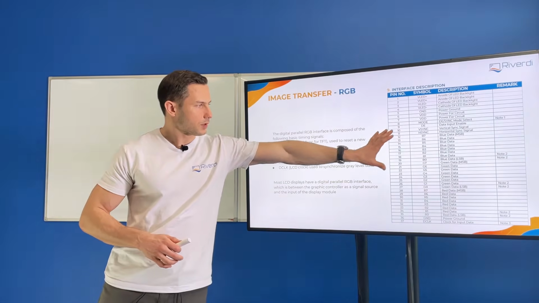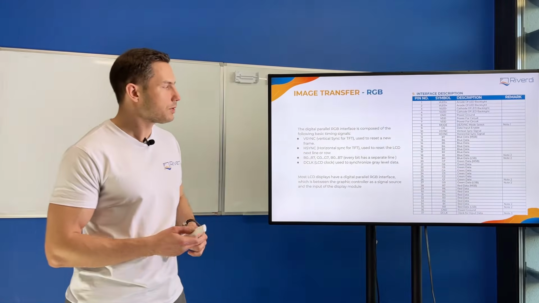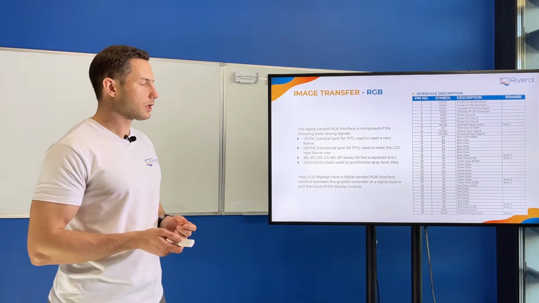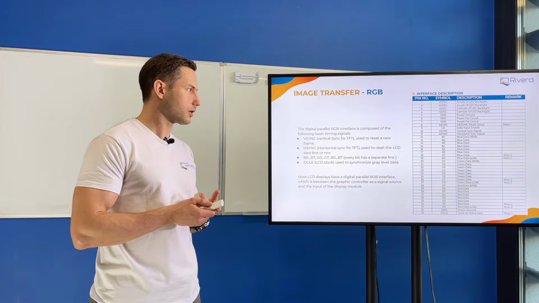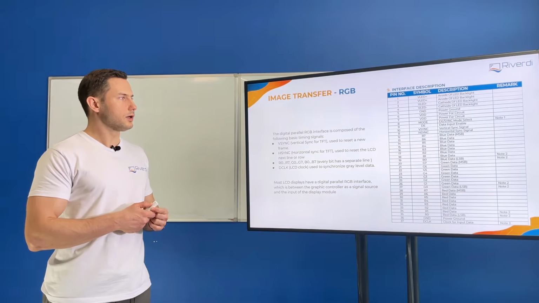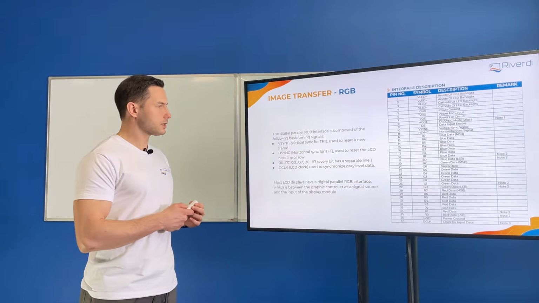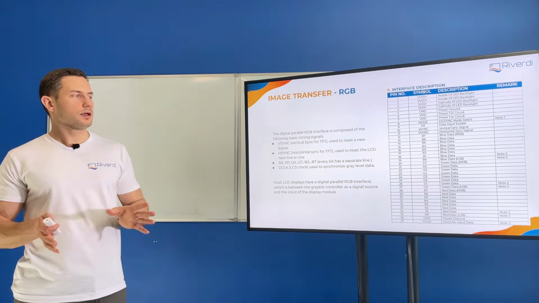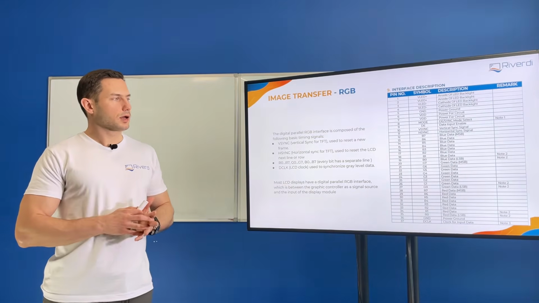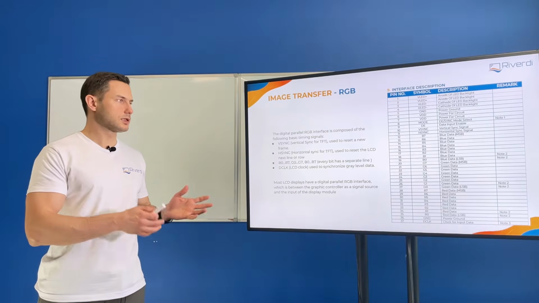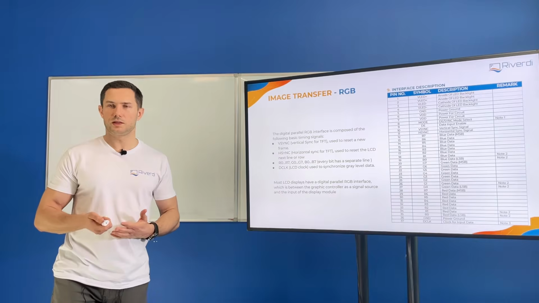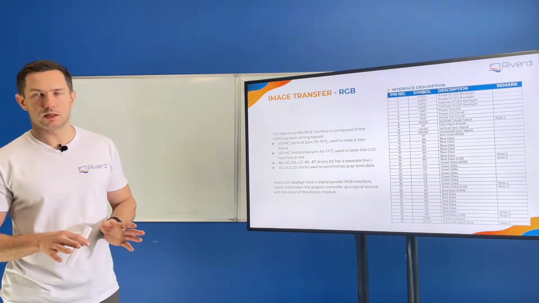So as you see, we send all the data all the time, but we send every bit in a separate line, without the pair of the bits like in the LVDS signal. In theory, this interface could be very fast because we are sending a lot of data, but actually because it's not differential, this speed is limited, and usually we find displays with RGB interface only up to maybe 7-inch or 10-inch.